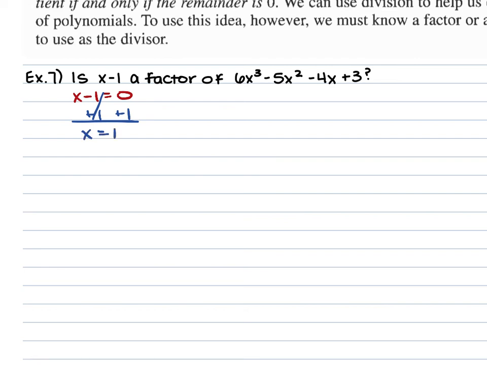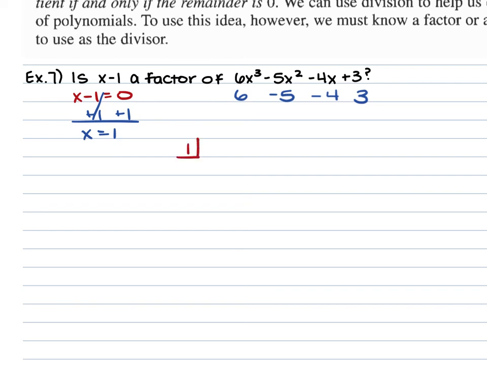The polynomial that we are given has every single power from the highest, which is 3, down to the lowest, which is 0. So we're going to take the coefficients and the constant. It gives us 6, negative 5, negative 4, and 3. Those are the numbers that are going on the right-hand side of the box with our synthetic division.